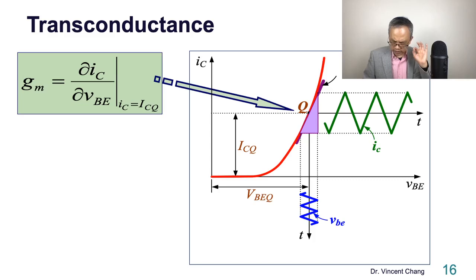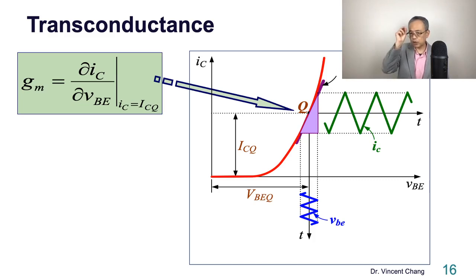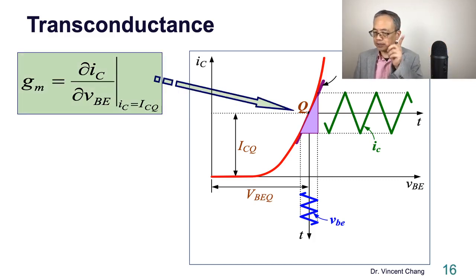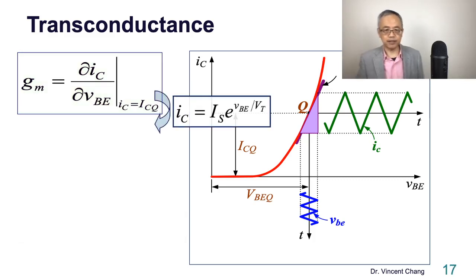The formulation of the transconductance can be easily derived from the large signal exponential relationship, similar to what we did in the MOSFET. It's partial IC, partial VB at the operating point.